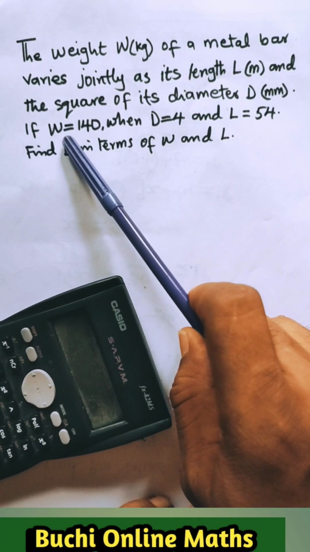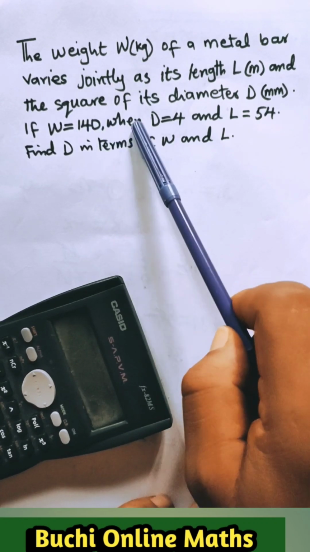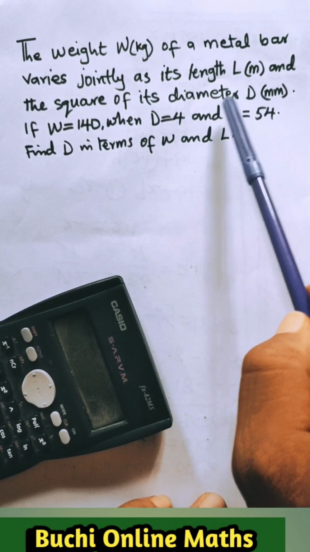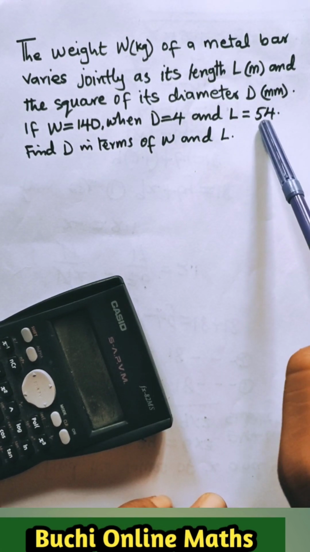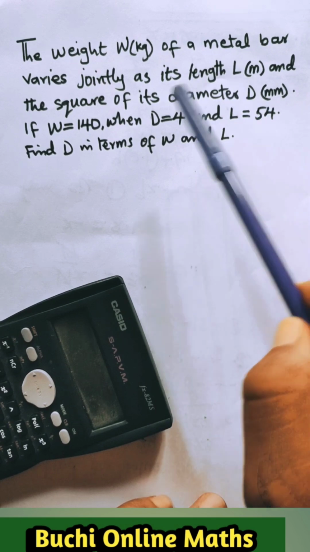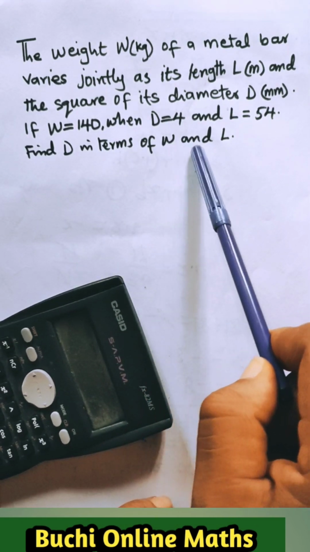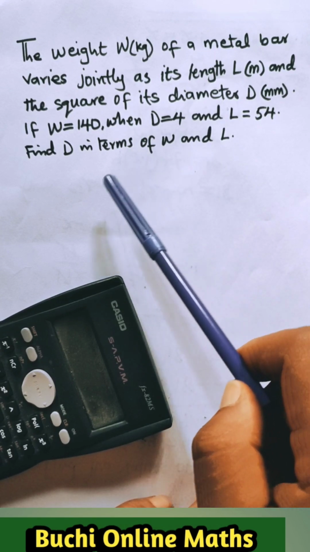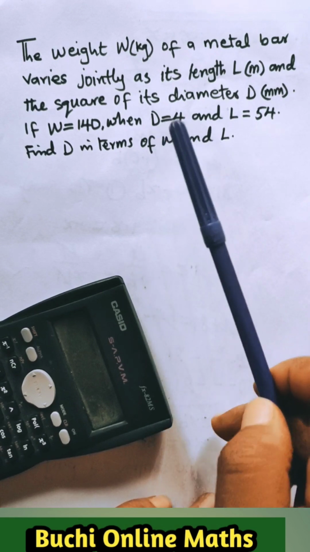Then if W, the weight, equals 140, when D, the diameter, equals 4, and L, the length, equals 54, find D in terms of W and L. In other words, we should find the relationship between D, W, and L.